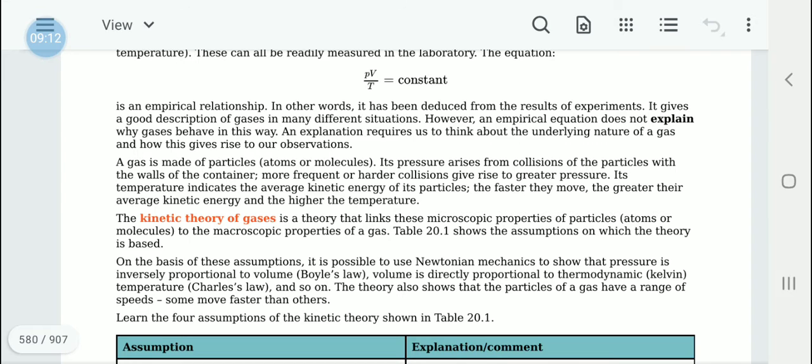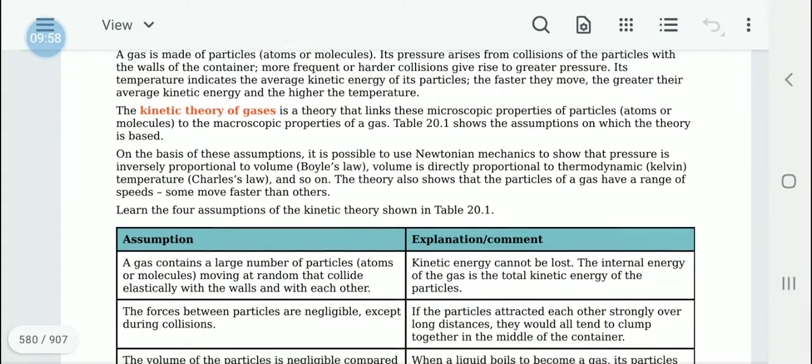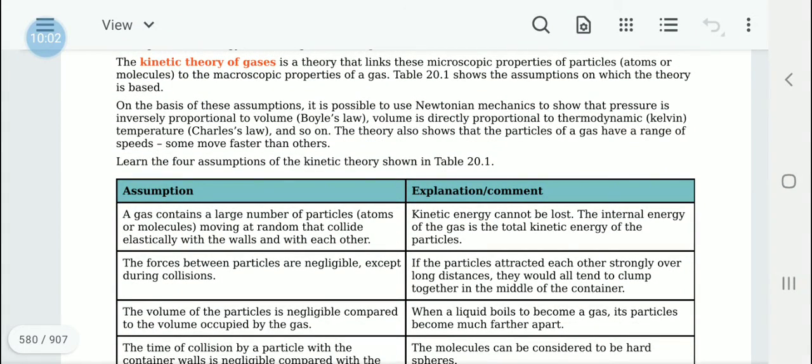The kinetic theory of gases that was developed explained, based on some assumptions, the connection between these macroscopic properties and microscopic characteristics.